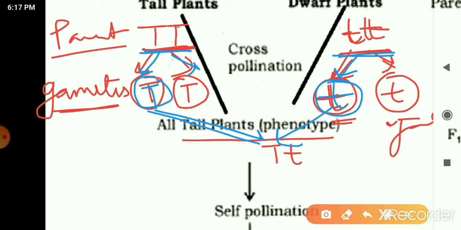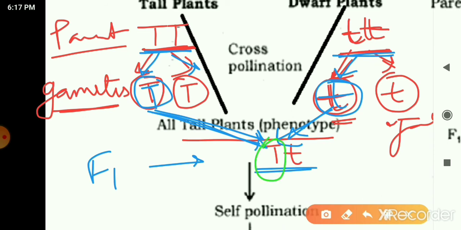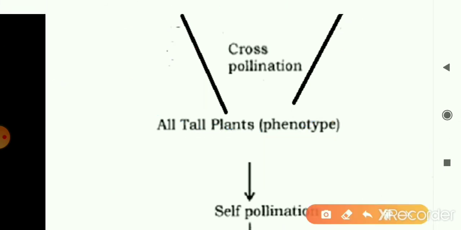And when these gametes fuse, because sexual reproduction involves fusion of gametes, the resultant F1 generation will have a factor for tallness and a factor for dwarfness. So the genotype of the F1 generation plant, which is a hybrid tall, will be a capital T, that is, a factor for tallness, and a factor for dwarfness, right?